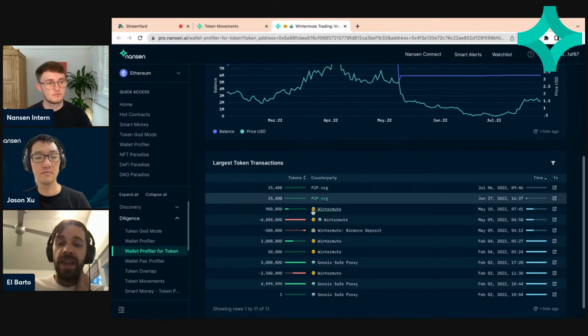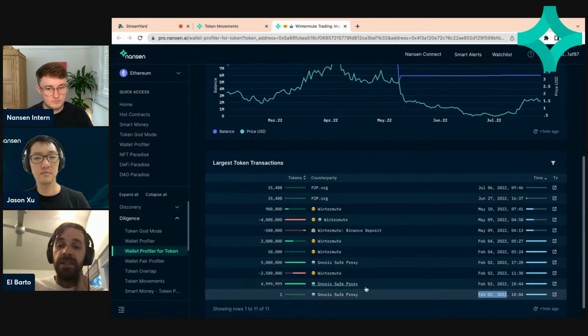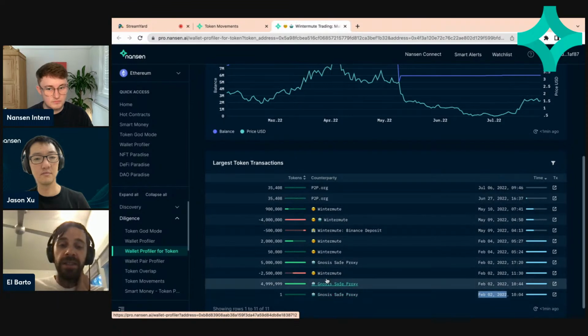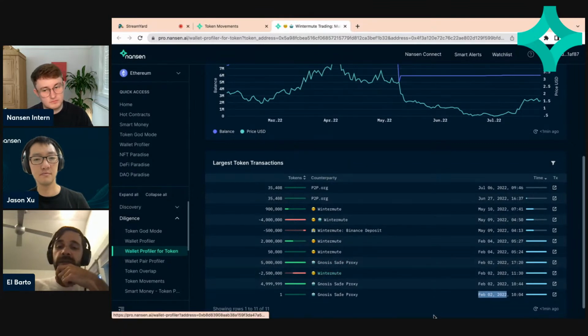The reason I say that is because on February 2nd, there was a transaction from Gnosis Safe Proxy to Wintermute, and then another Gnosis Safe Proxy to Wintermute. At the time I thought, oh, this is probably just them market making for it.